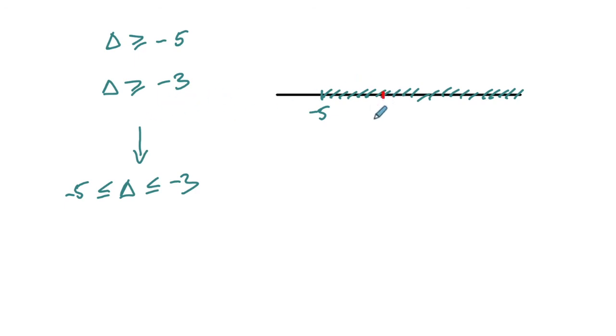We have -3 somewhere here, let's say, and the points corresponding to delta greater than or equal to -3 are located here. So this is the axis for delta. Clearly the solution will be the intersection of the two, so your solution is delta greater than or equal to -3. So your range for delta would be between -3 and infinity.